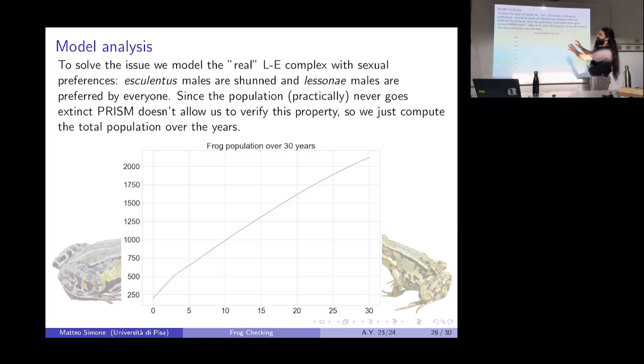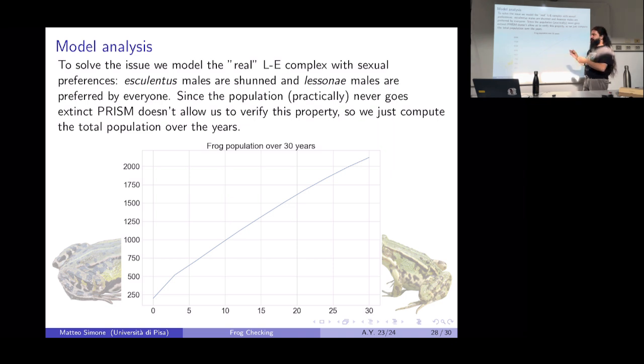So this is nice. This checks out with the paper, with our previous experiments we've made in frog computing, so we are all happy. And this was possible with the trick of the rewards, because Prism doesn't allow us to make a property that subtracts one reward from the other. We cannot have negative rewards.